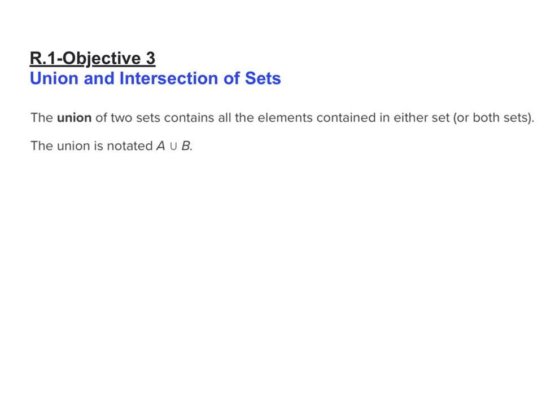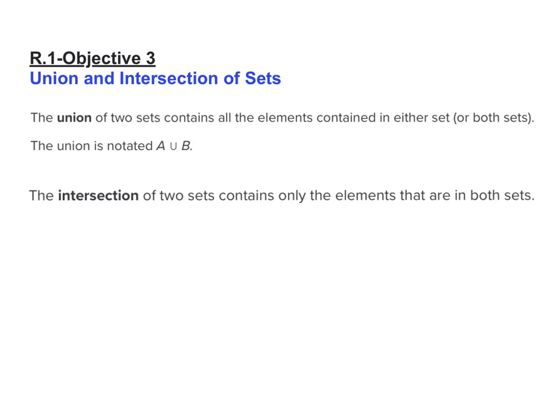Now, the union is combining them both together to create a new set. The intersection is the elements that are in both sets. So it's just where they intersect. Sometimes you'll have elements in one set that are also in another set, and the ones that are in both are the intersection.